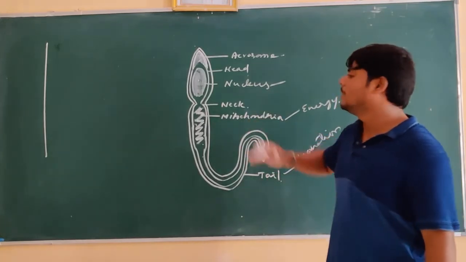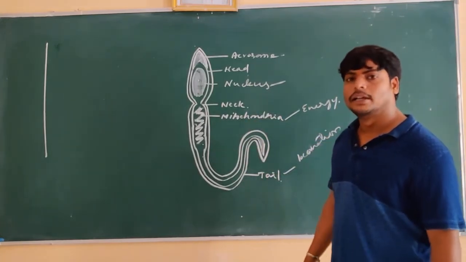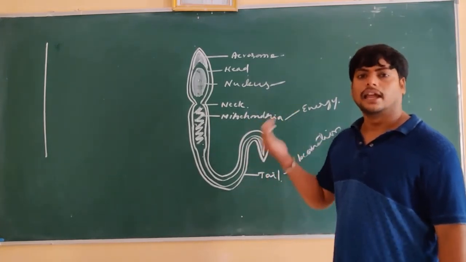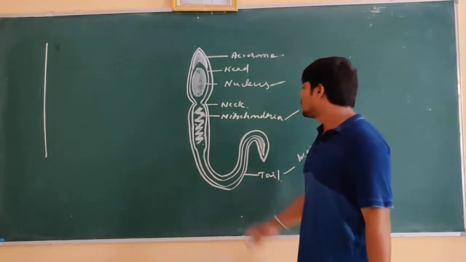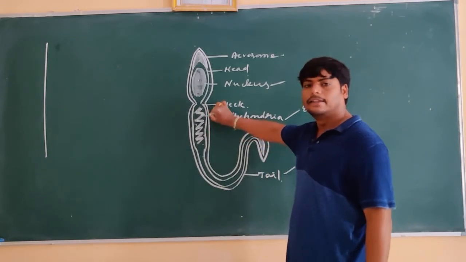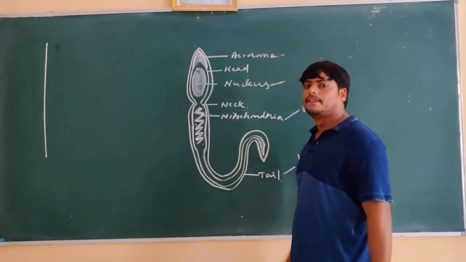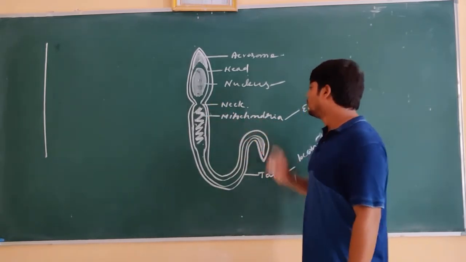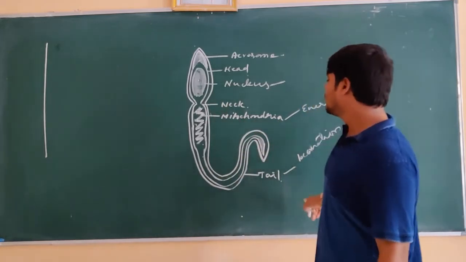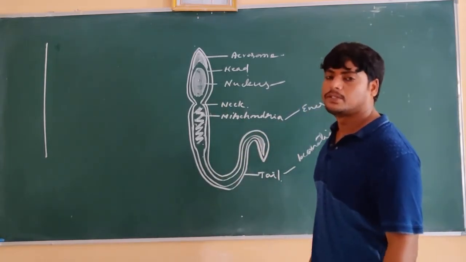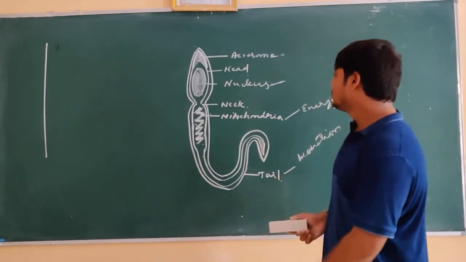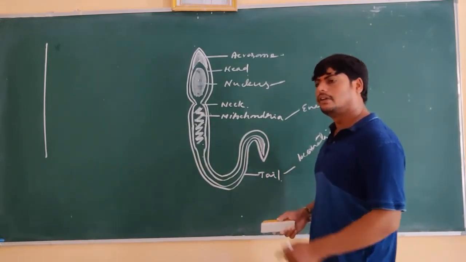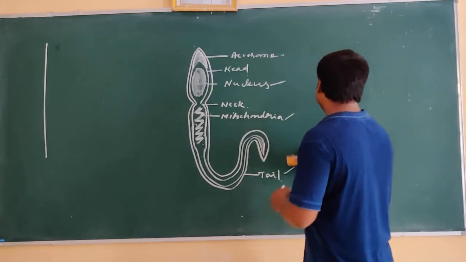For this they require movement. The energy is provided in the form of fructose, and also supplied by these mitochondria. So the mitochondria is essential, and the tail helps in the movement of the sperm cells to reach the ovum to carry out fertilization. This is about the structure of the male gamete, that is the sperm cell.